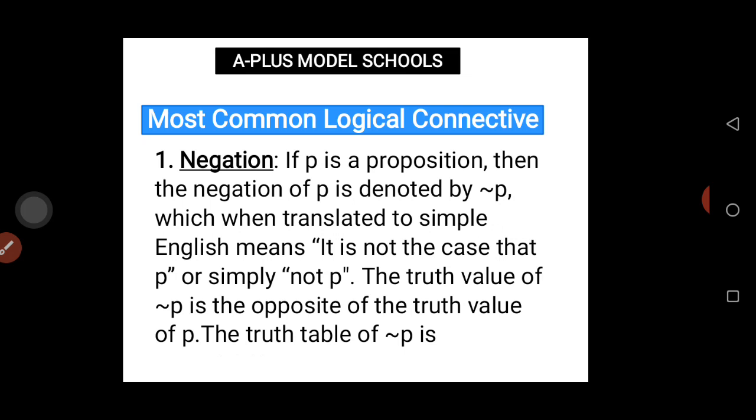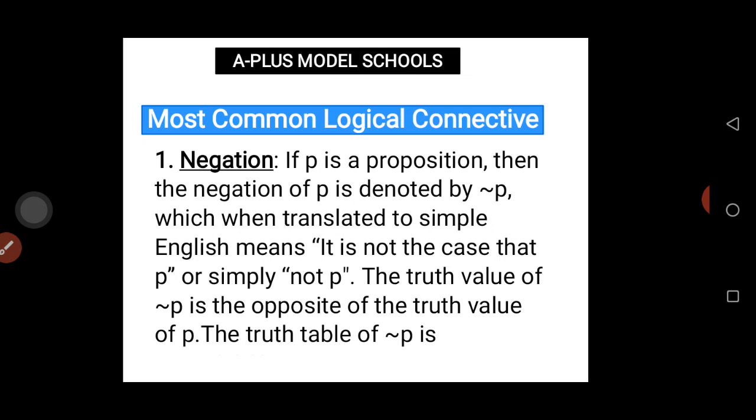So the symbol there represents negation of P, which is translated to simple English as not P, or it is not the case that P. The truth value of the negation of P is the opposite of the truth value of P.